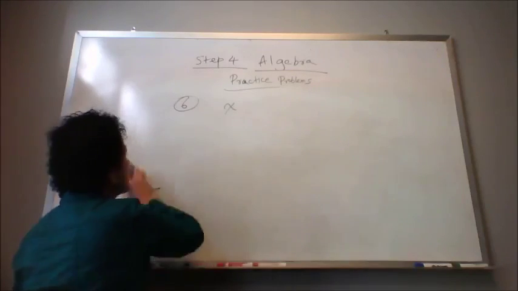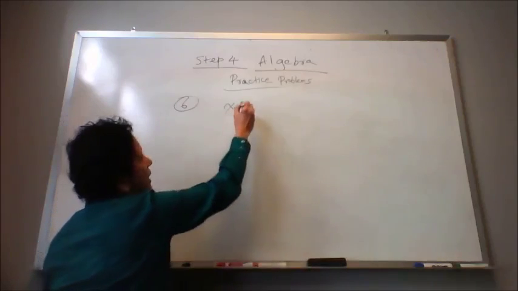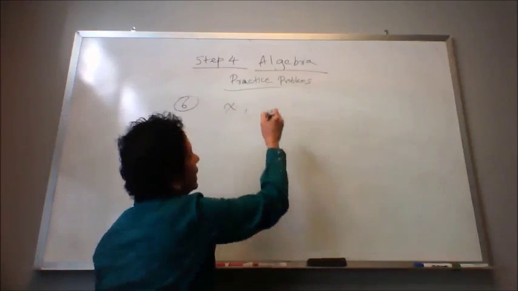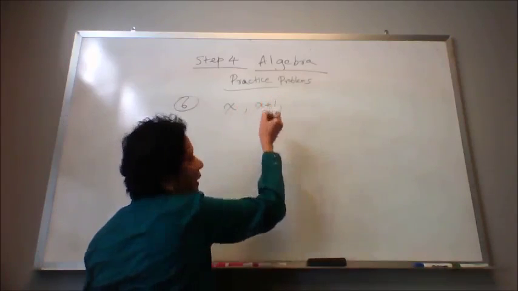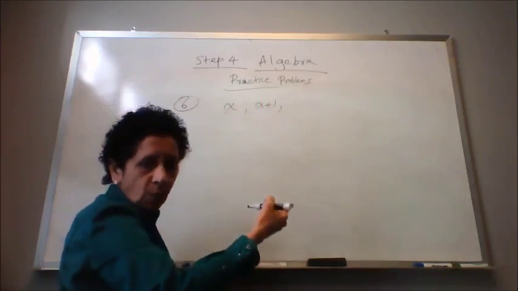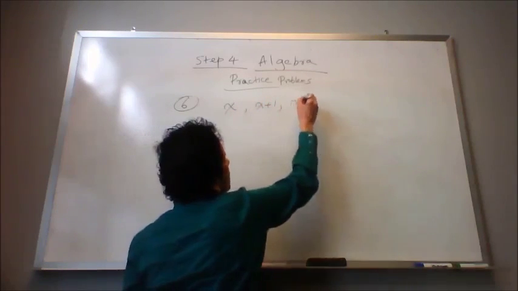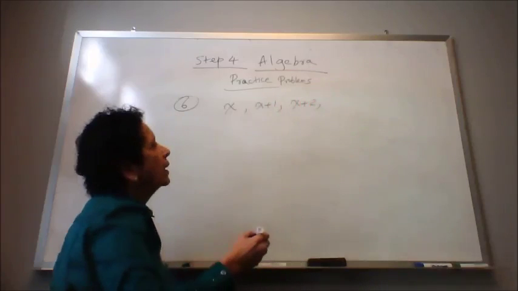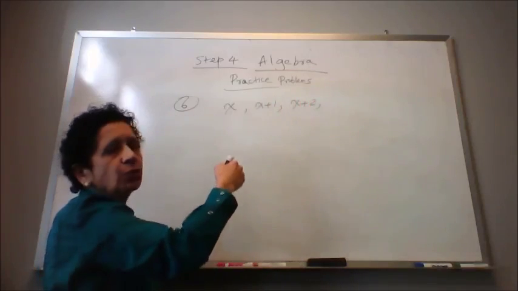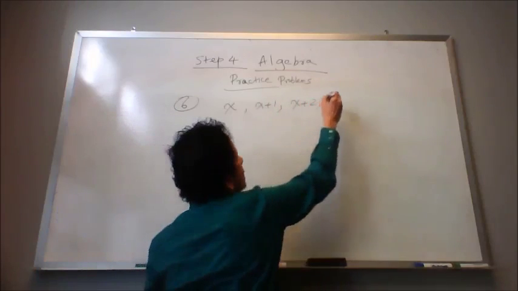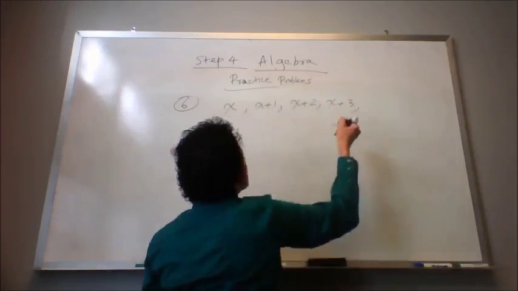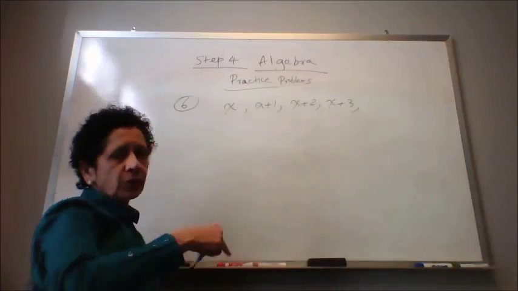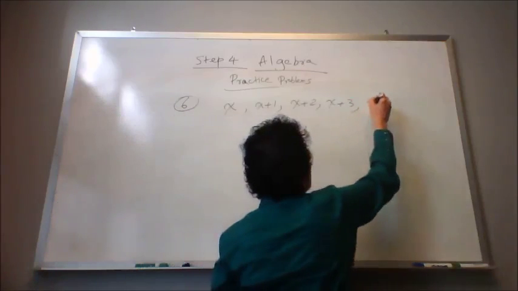So if I start with x, the next consecutive number is x plus 1, right? Then I add 1 more for the next consecutive number, which is x plus 2. Then I add 1 to get x plus 3. Then I add 1 to get x plus 4.